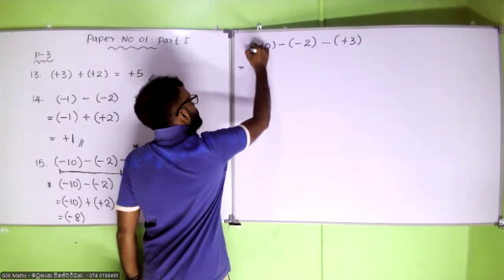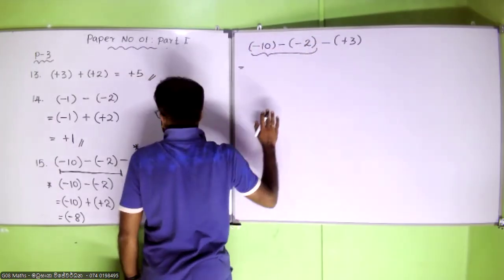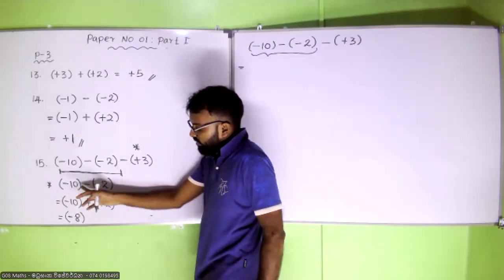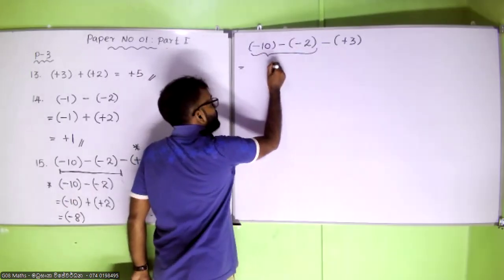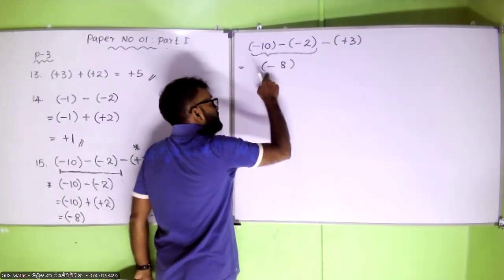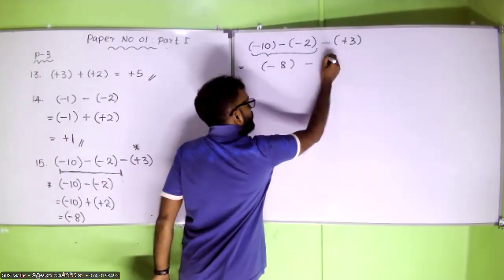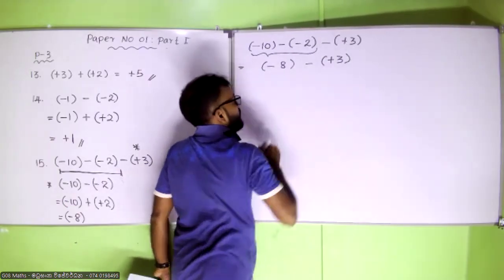Now I know the answer for these two, which is negative 8. Instead of these two, I can put negative 8. From this negative 8, I am going to subtract positive 3.